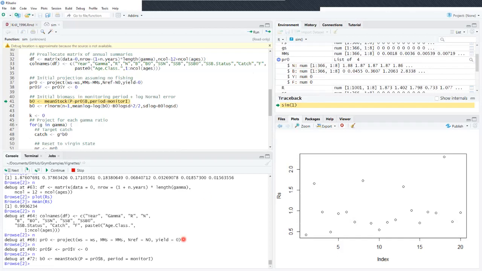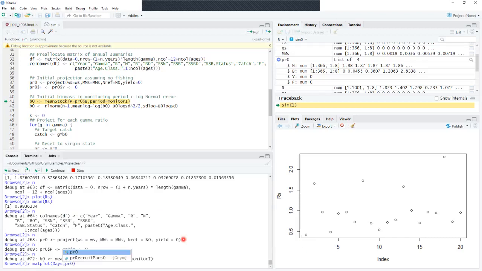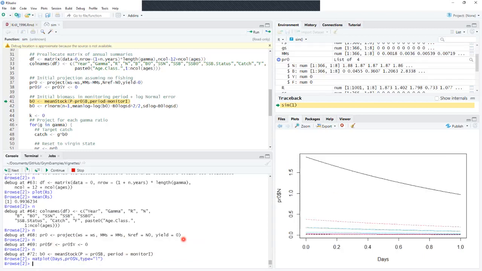So then, for example, if we were to plot the biomass PR, well, let's do the abundance as well. PR0$N. You kind of see we've got these exponential declines in the abundance over the year with just constant mortality.